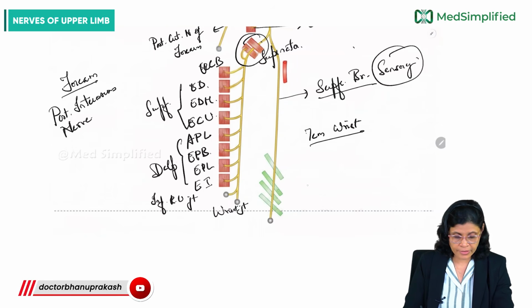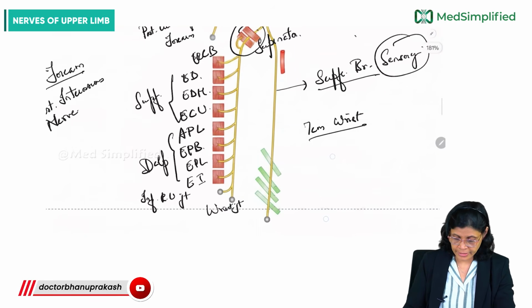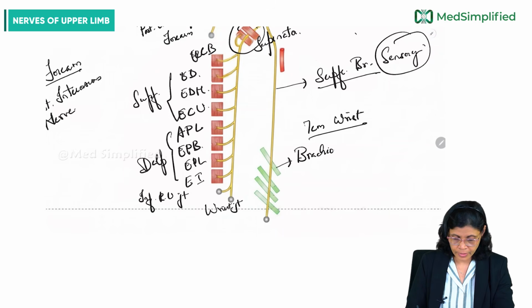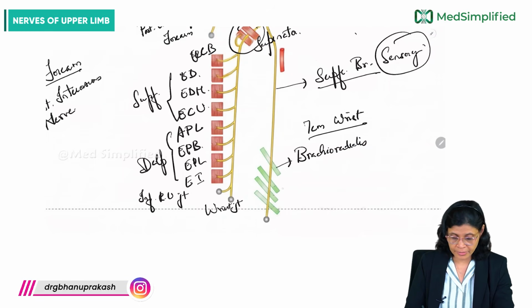So here, this is the tendon of the brachioradialis, then it passes over these tendons, which form the boundaries of the anatomical snuff box.